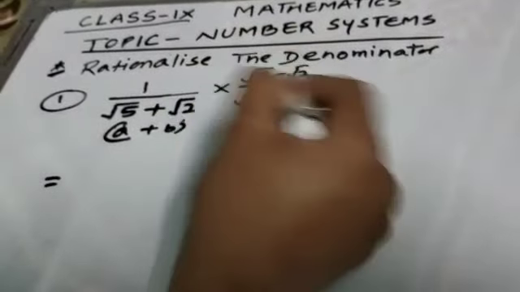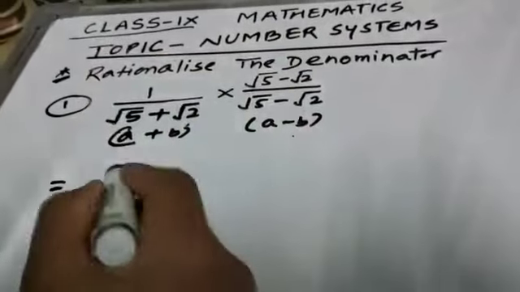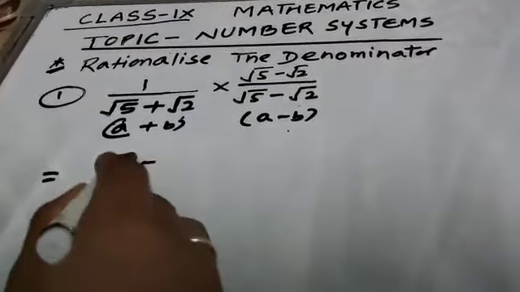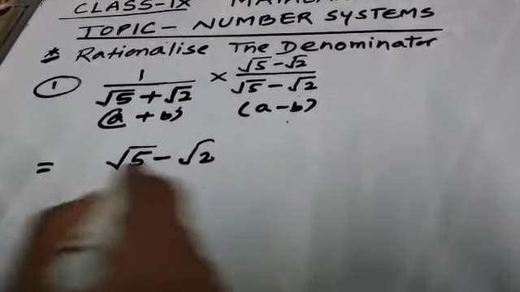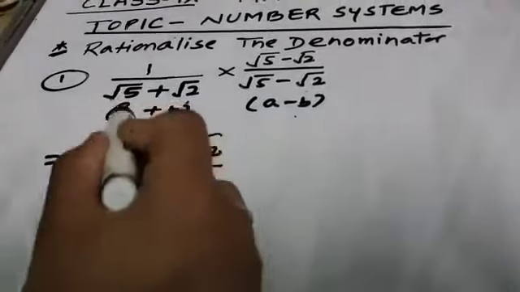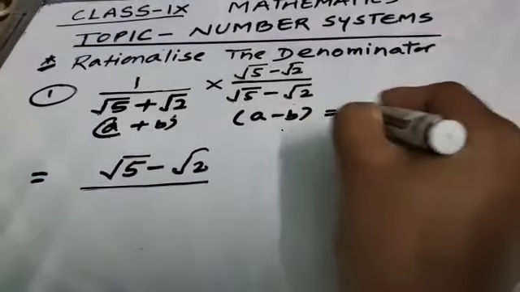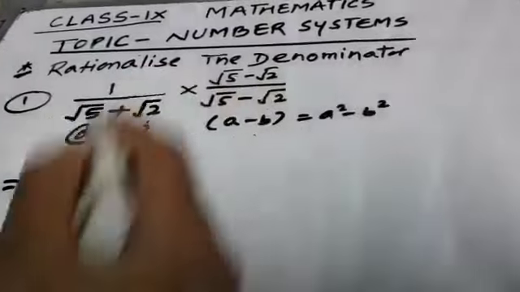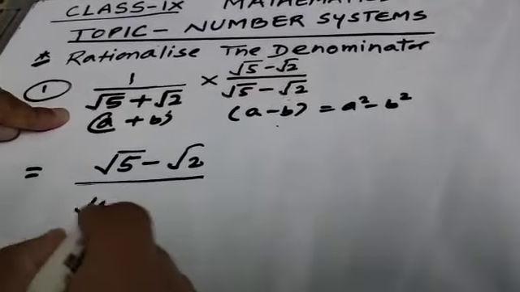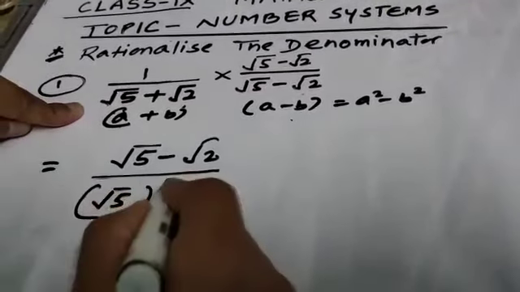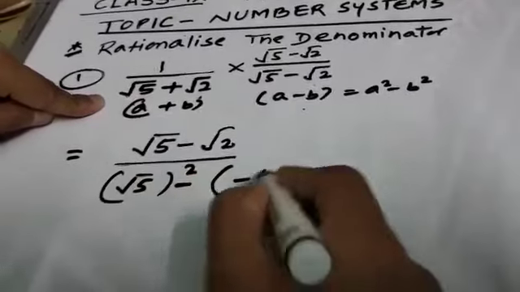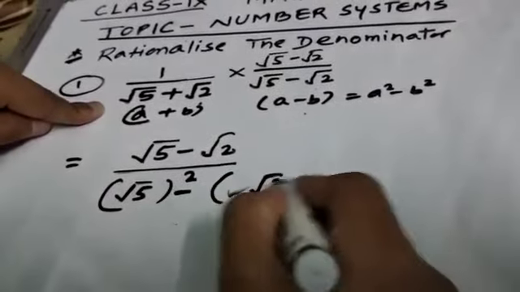If you multiply root 5 minus root 2 with 1, you will get root 5 minus root 2. And in the denominator, (a plus b)(a minus b) is a square minus b square. Then a is root 5, so you can write root 5 square minus root 2 square.